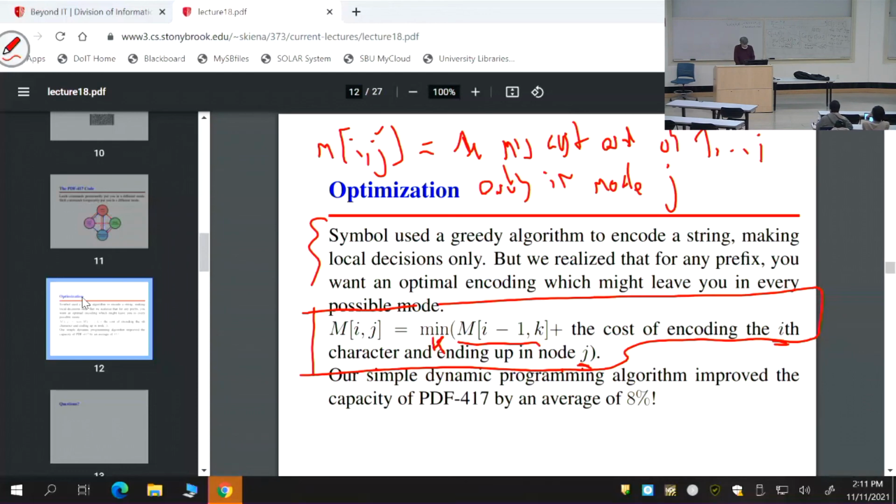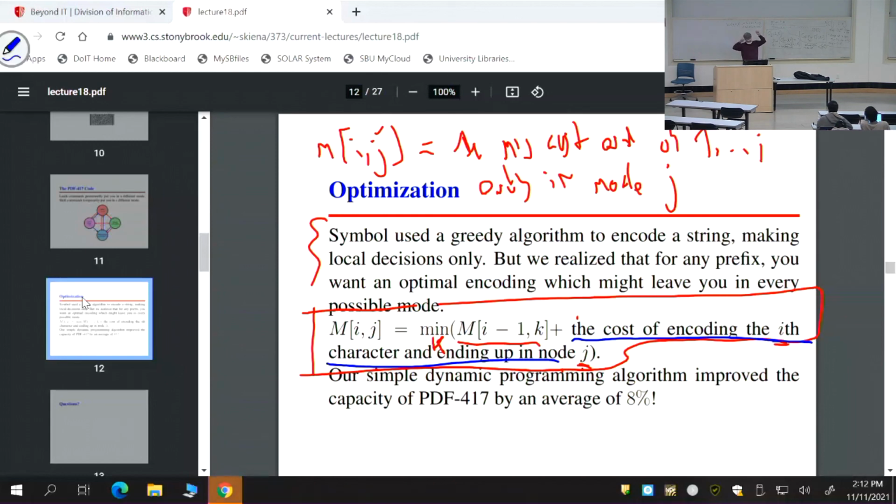Does everybody see that this thing, okay, is a constant time thing that depends upon the weirdnesses of whatever the PDF 417 technical spec is, right?